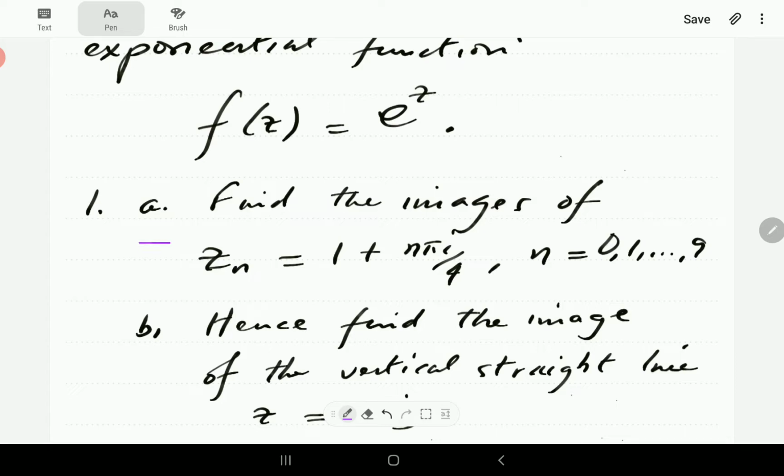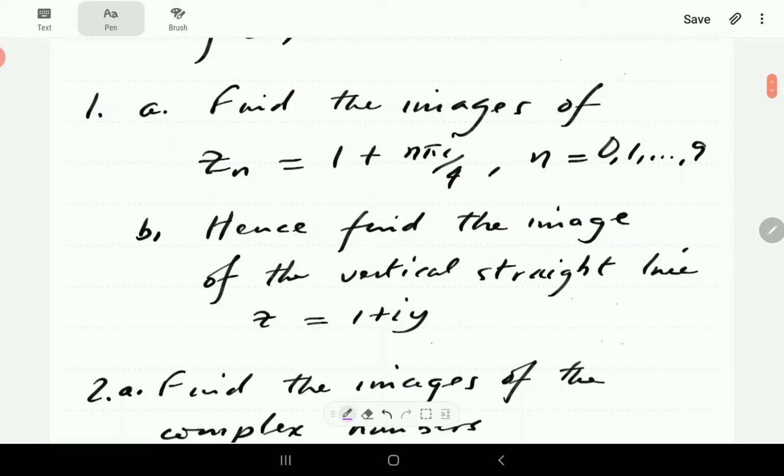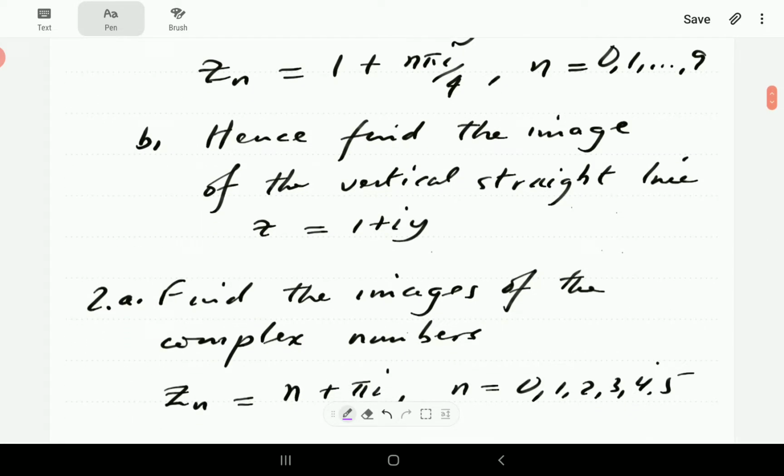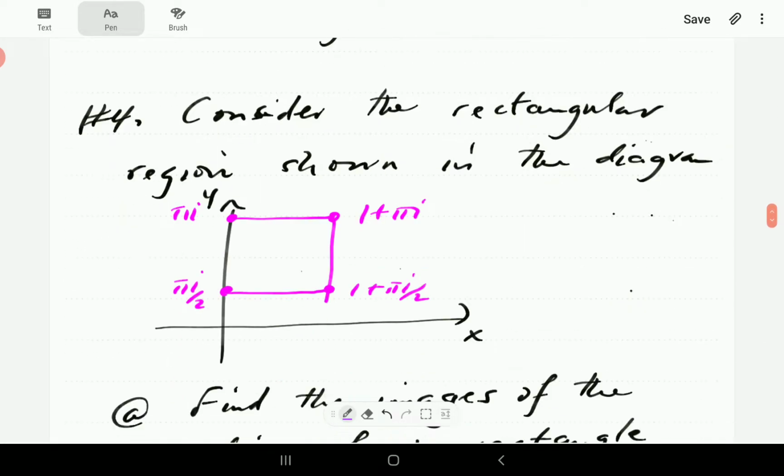In number 1, we want to find the images of z_n equals 1 plus n pi i over 4, where n are integers between 0 and 9. And then from there, the question says, hence find the image of the vertical straight line z equals 1 plus iy. We're just going to look at that first, and then we'll come back to number 2.